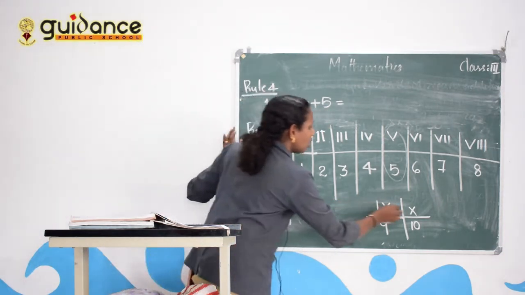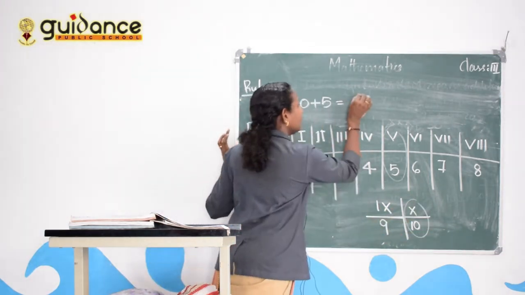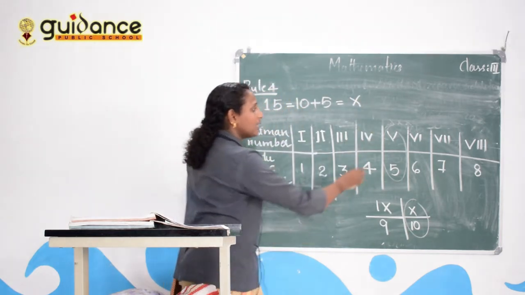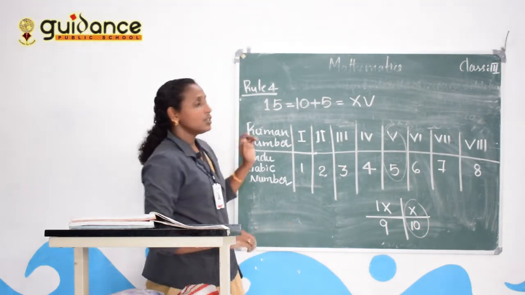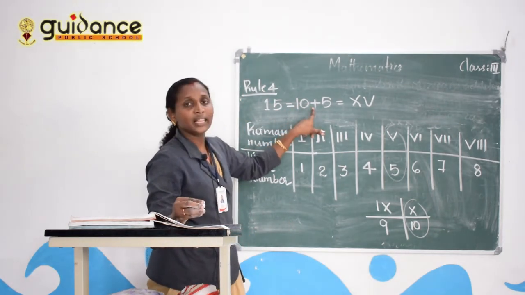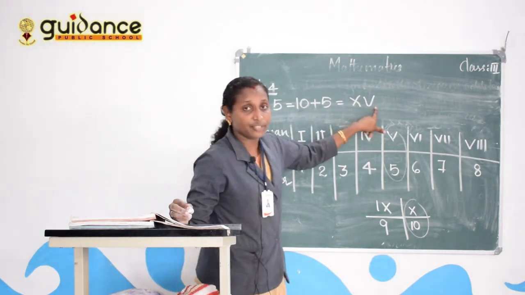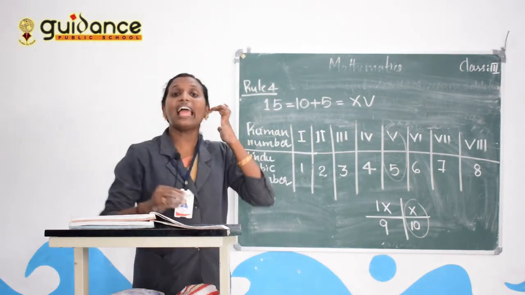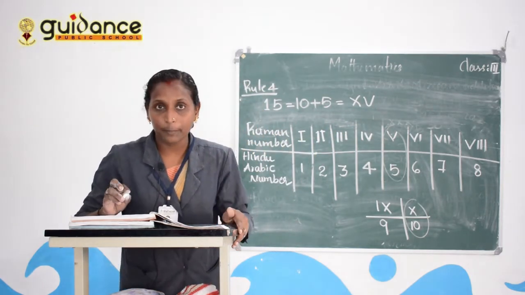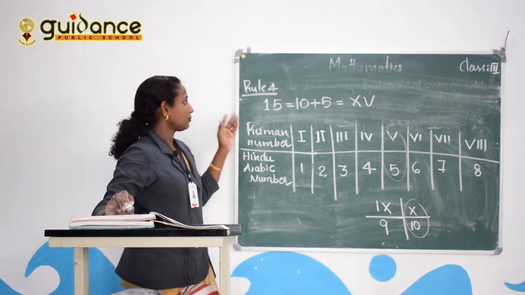The symbol for 10 is X and the symbol for 5 is V. So it's an addition. That means we will write X, V. At that time, it will add. Okay, the next.